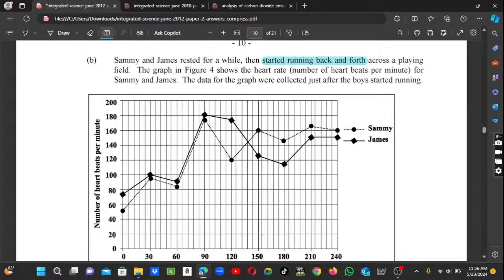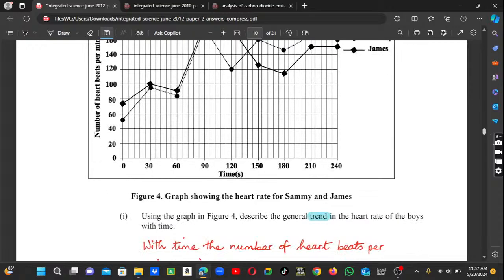So the diagram here shows the heart rate of Sammy and James, and it shows the number of heartbeats per minute. This diagram collects data about the boys when they start running. We are calculating the heartbeat over the time of the activity for these two persons, Sammy and James.